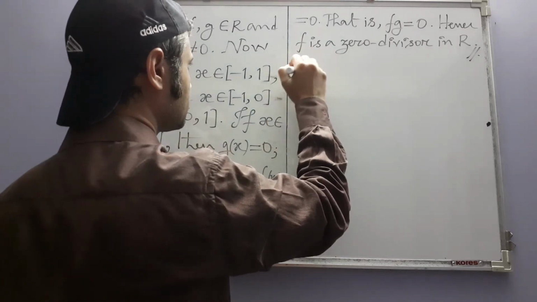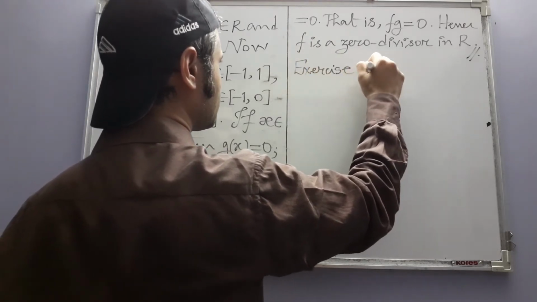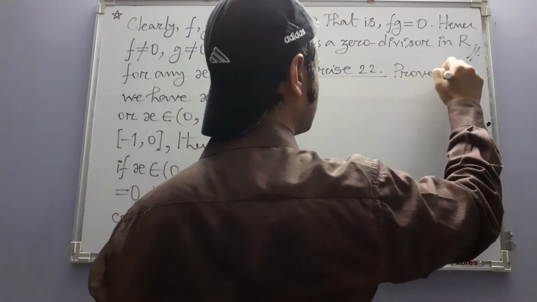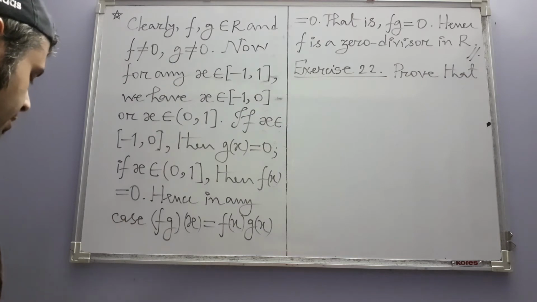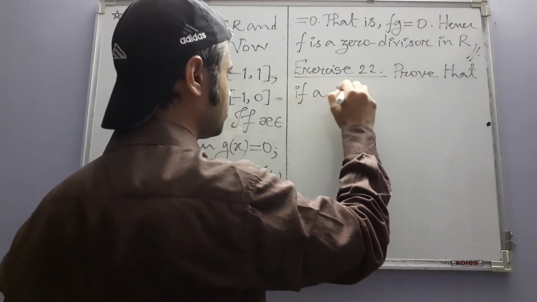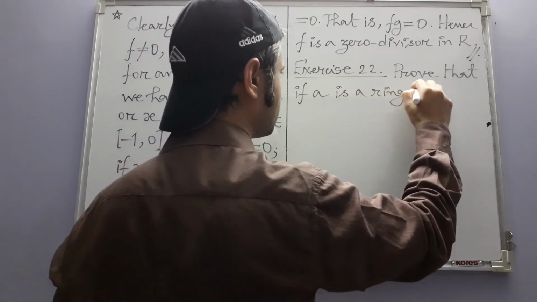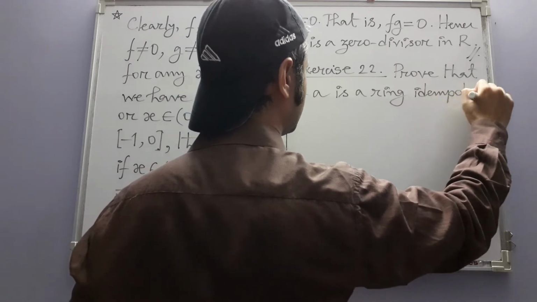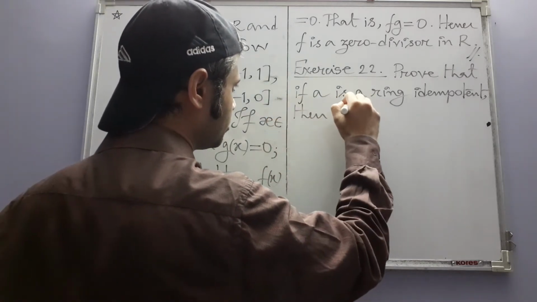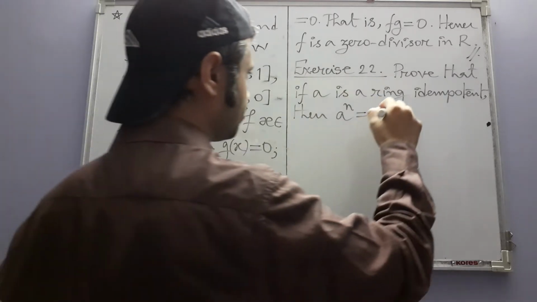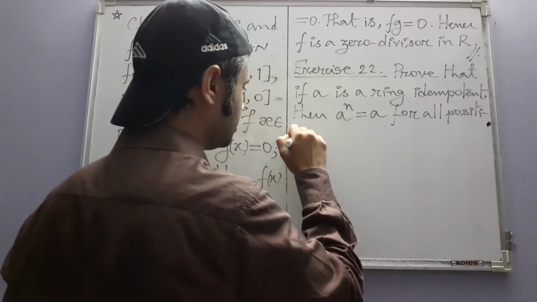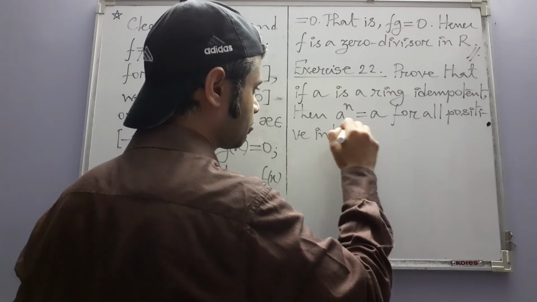Next, prove that if element a is a ring idempotent, then the nth power of a is always equal to a for all positive integers n.